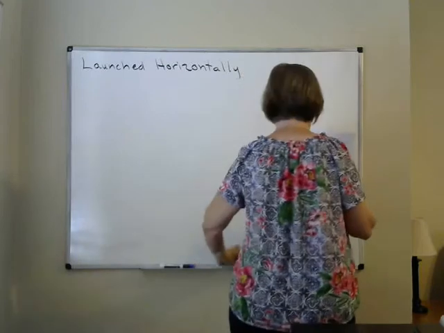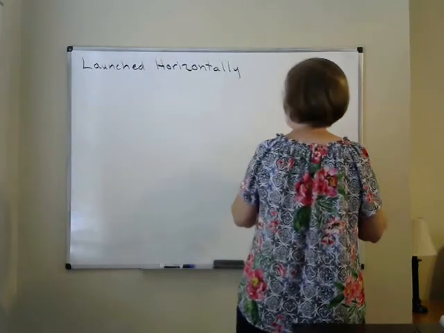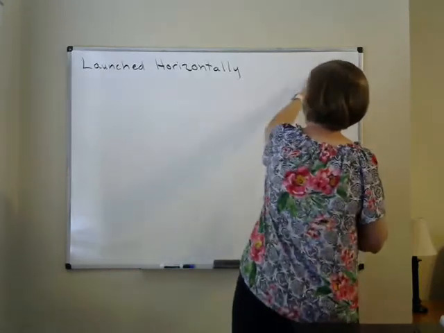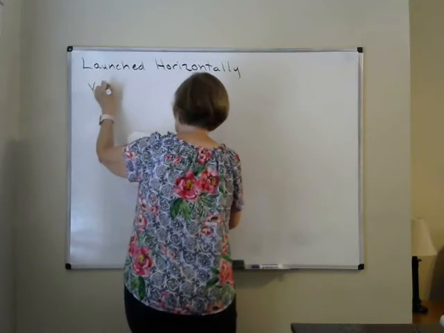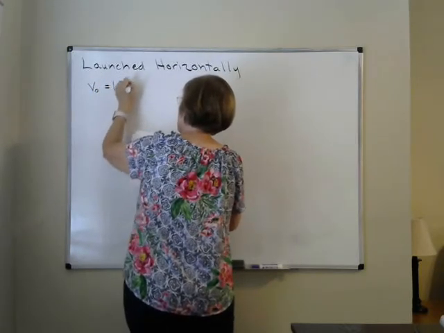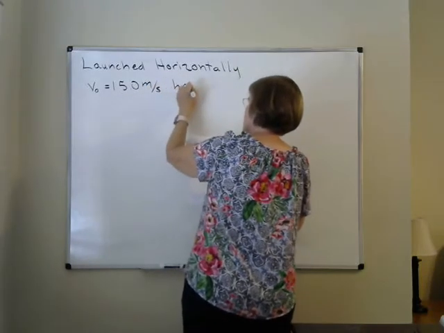All right, so let's go on. Let's look at an example. Suppose that we have a stone and it's launched horizontally with an initial velocity of 15.0 meters per second. And I do want to make sure we know that's horizontally.